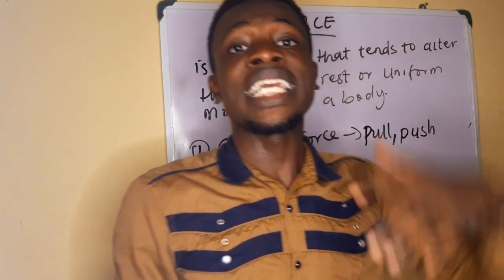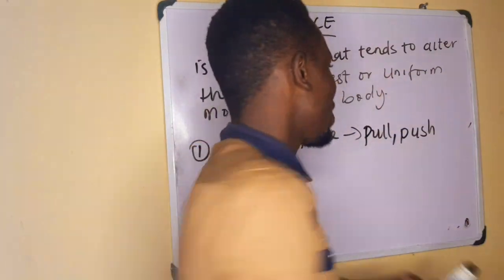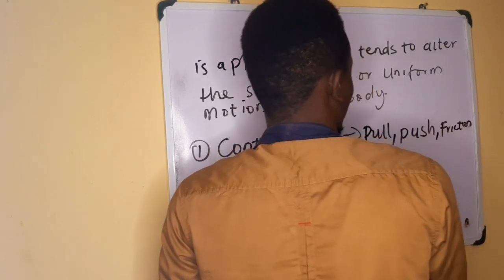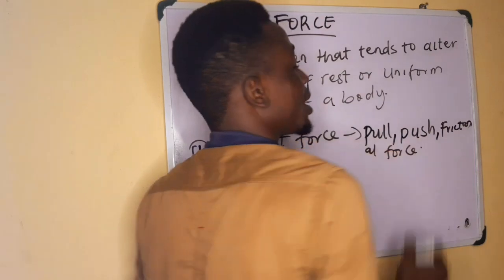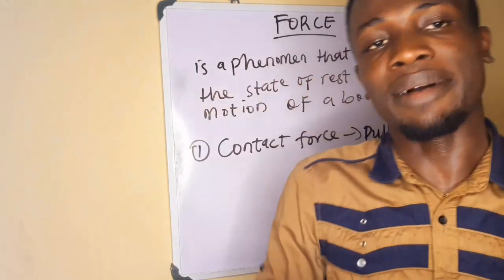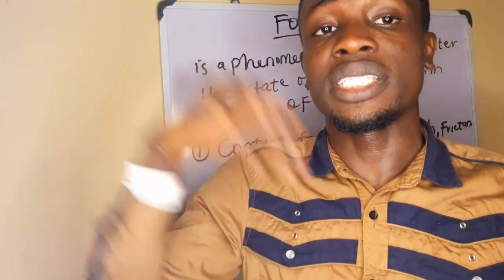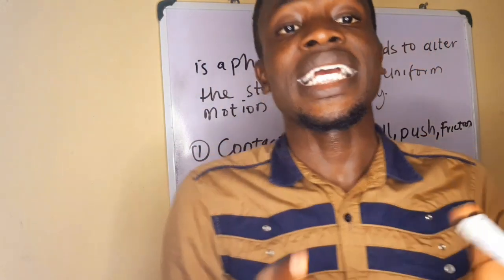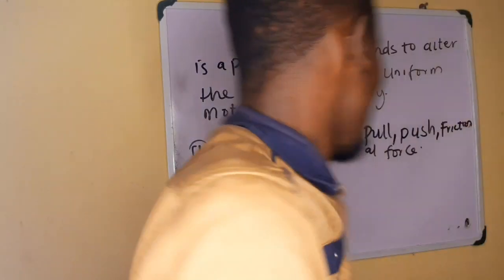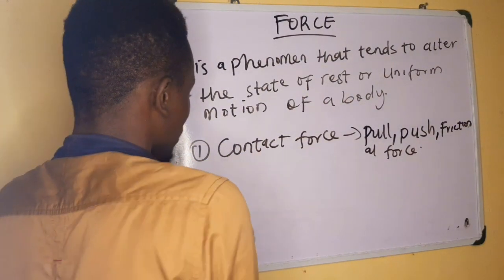It's a contact force. Then there is also frictional force. It's still a part of contact force, because it has to come in contact with the body that it is affecting.